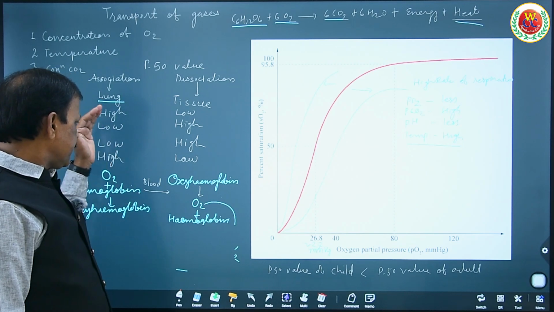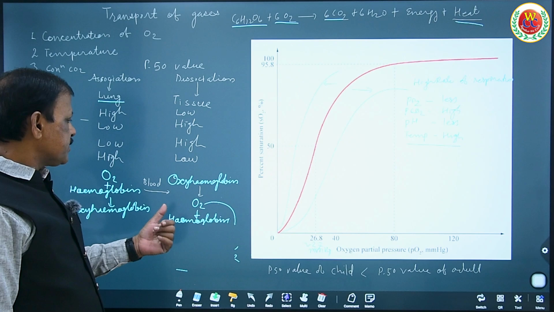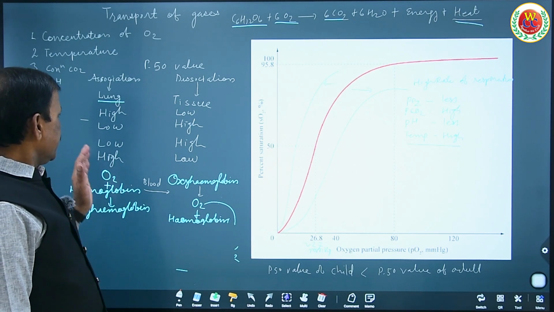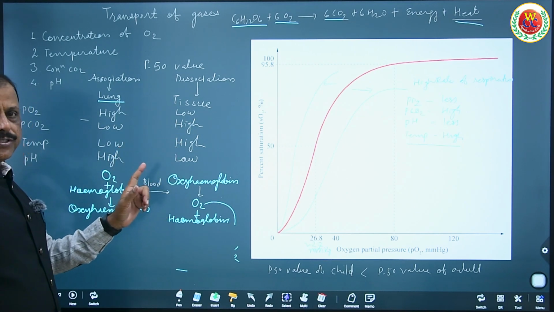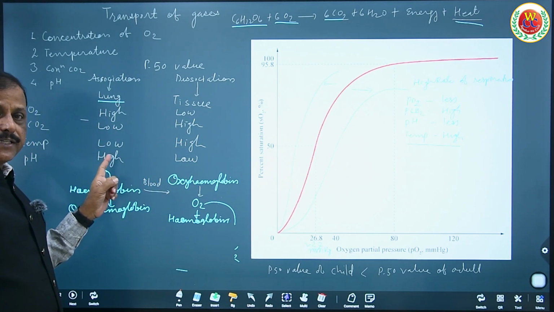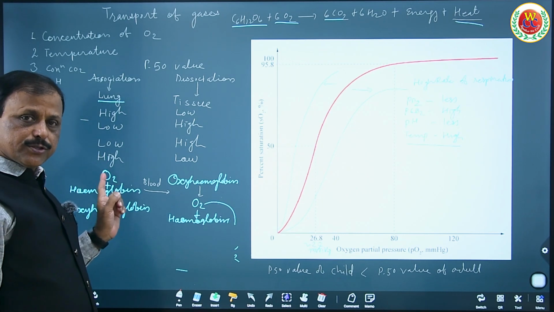So once again, this is the explanation for association and dissociation of oxygen with hemoglobin. Here I have clearly mentioned how oxygen gets associated and dissociated, and what conditions at the site of the lungs enable oxygen to combine with hemoglobin; that is called association.